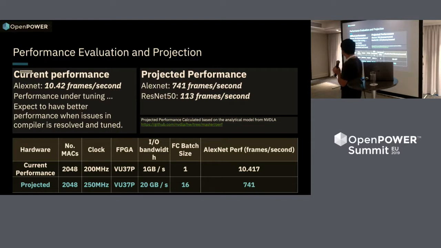The batch size of the model we are using is not optimized, and we expect to solve this problem by increasing the batch size. This is in our plan. Maybe within this year, we will tune ResNet 50 to the projected performance, and we are also working on bringing up the YOLO network for the NVDLA.